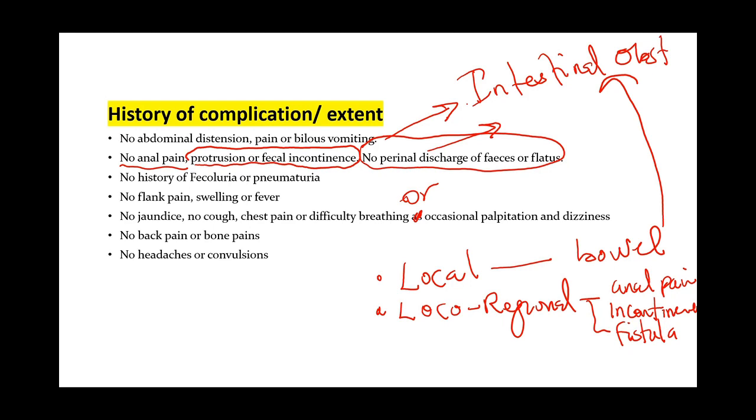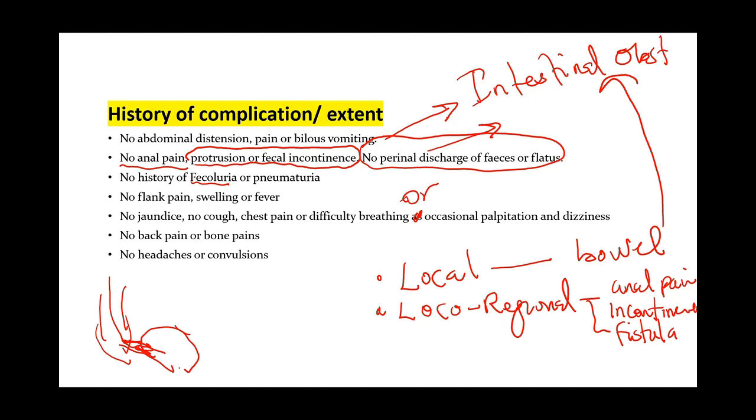Now, when these tumors invade the urinary bladder, they form a rectovesical fistula, and they will have fecoluria, passage of feces in the urine, and pneumaturia, passage of gases in the urine, because there is now a connection between the rectum and the bladder, okay?